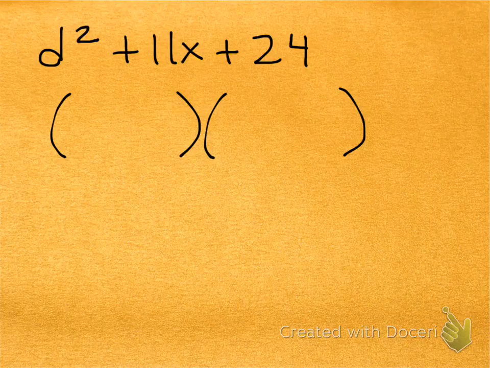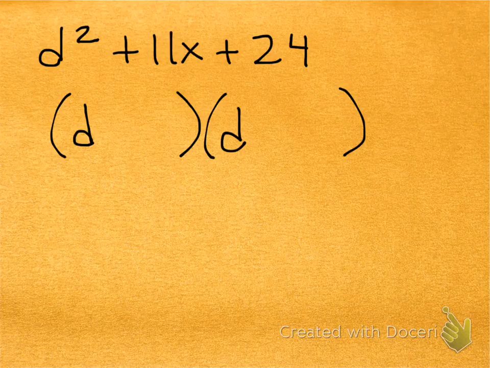The groups will contain one of each of the first terms, and the second terms in each parentheses are determined by what you would multiply together, including signs, to get the third term, the 24, and what you would then add together to get positive 11.